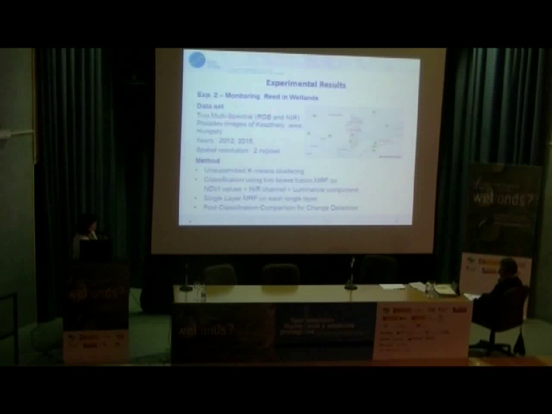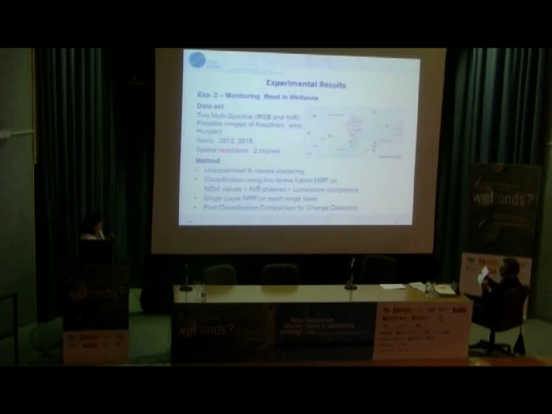In the second experiment, the purpose was to monitor reeds in wetlands. As you know, reed is a very important species for maintaining the health of the wetlands. And in this experiment, we had multispectral images, RGB and the near-infrared channel, for two layers of the Keszthely area in Hungary.